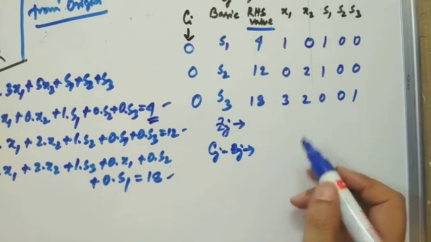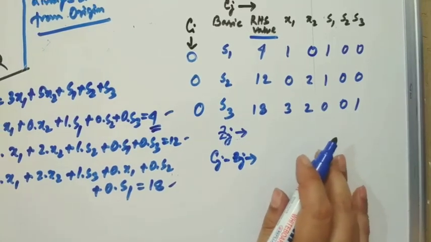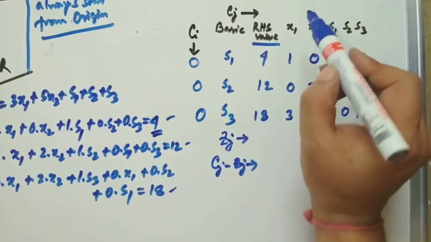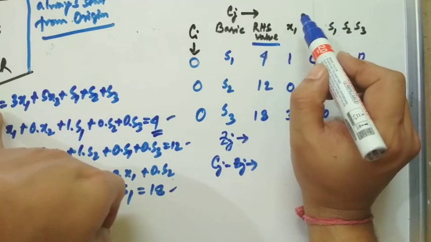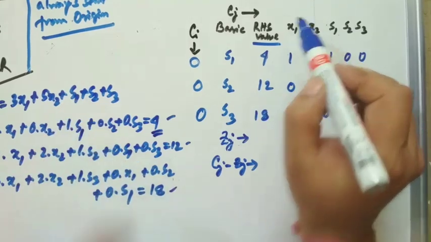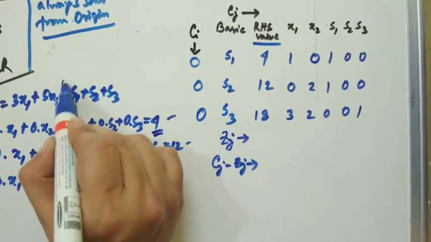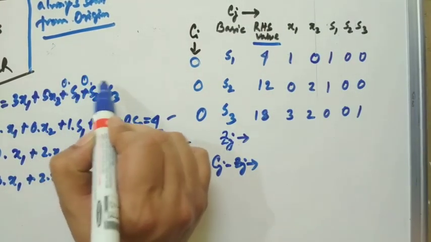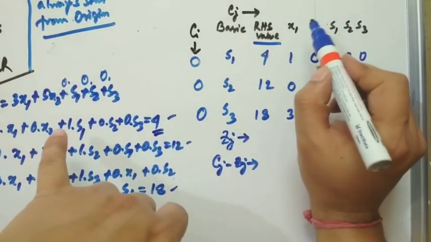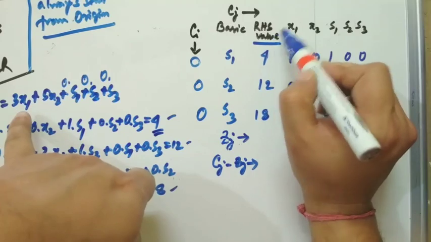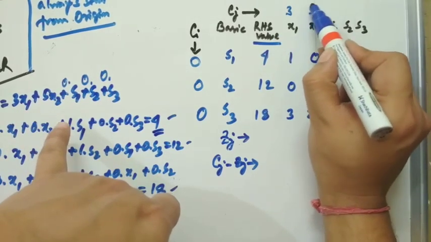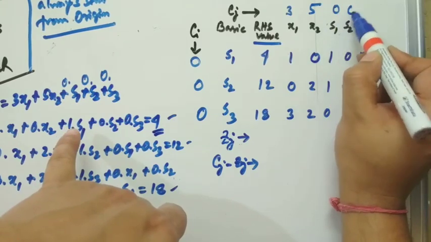Okay. Now, in the top row for Cj, we have to write the coefficient values of this objective function. Okay, 3, 5, and this one. Sorry, this will be 0 into S1, 0 into S2, and 0 into S3. Okay. So you can write the coefficient of x1 is 3, for x2 is 5, for s1 is 0, 0, and 0.